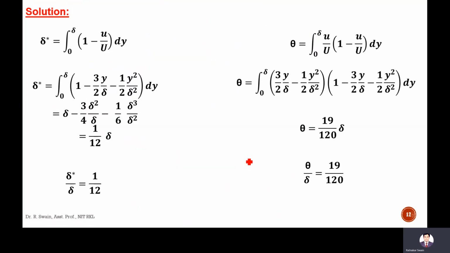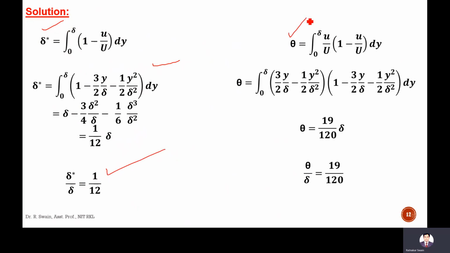First, the displacement thickness expression is the integral from 0 to delta of 1 minus small u by capital U dy. If you simply do the integration from 0 to delta, delta star by delta will be 1 by 4. That is the answer.